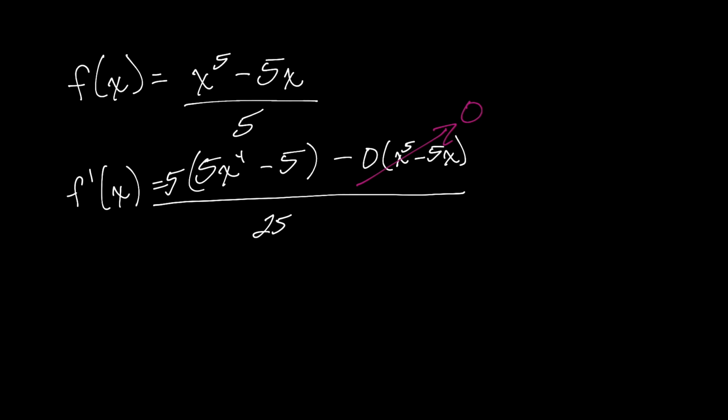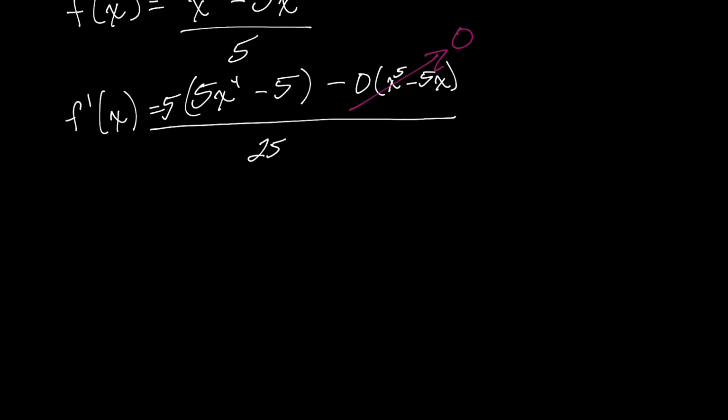So what am I going to do here? Let's see. I'm going to simplify my derivative by taking out another 5. I have 5x to the 4th minus 5, so I can take out another 5 and combine it with this 5 to make 25.